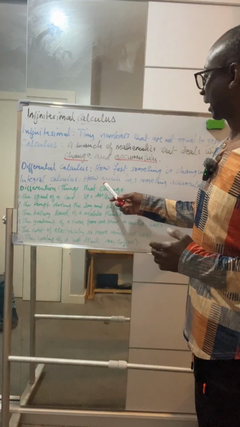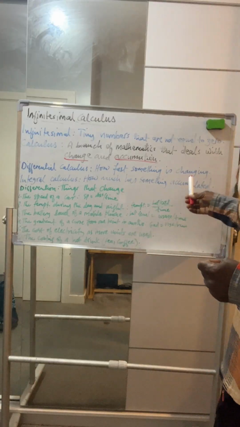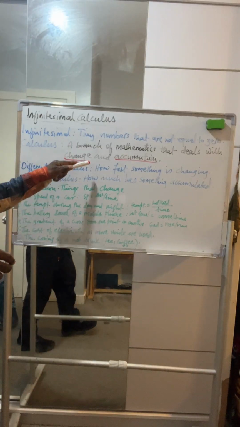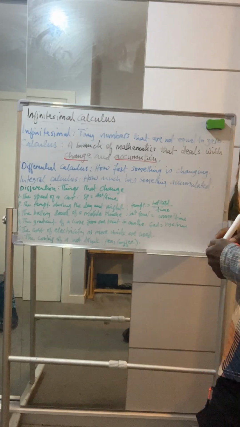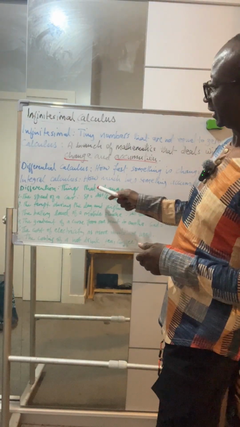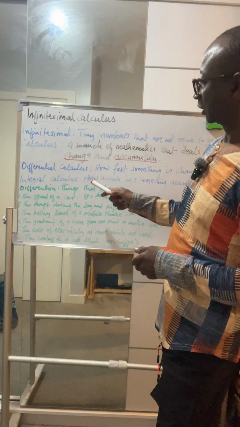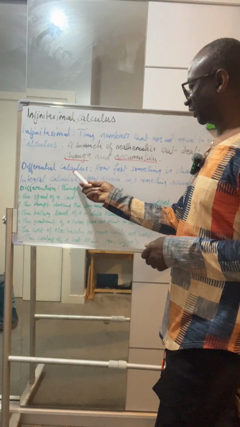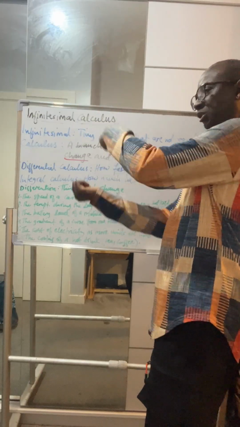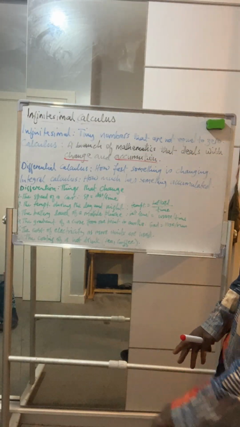This is about how much has something accumulated, how much has something added up. So of these two things, you do one, the other one undoes it. If you differentiate and then you integrate, integration does the reverse of differentiation.